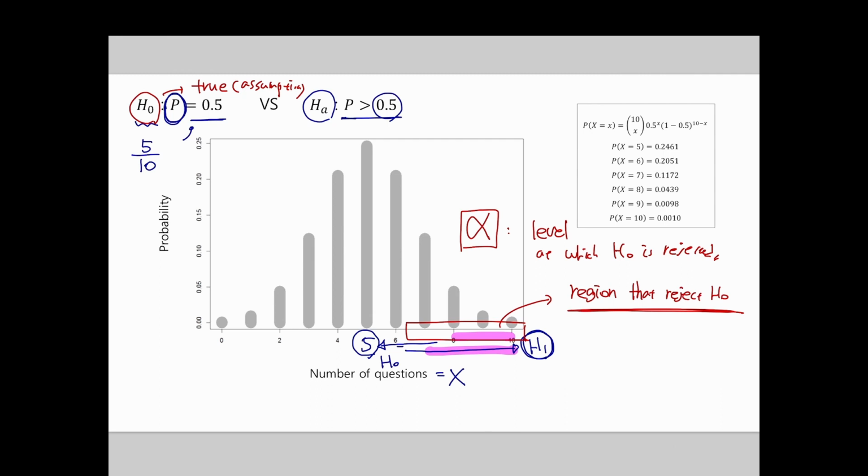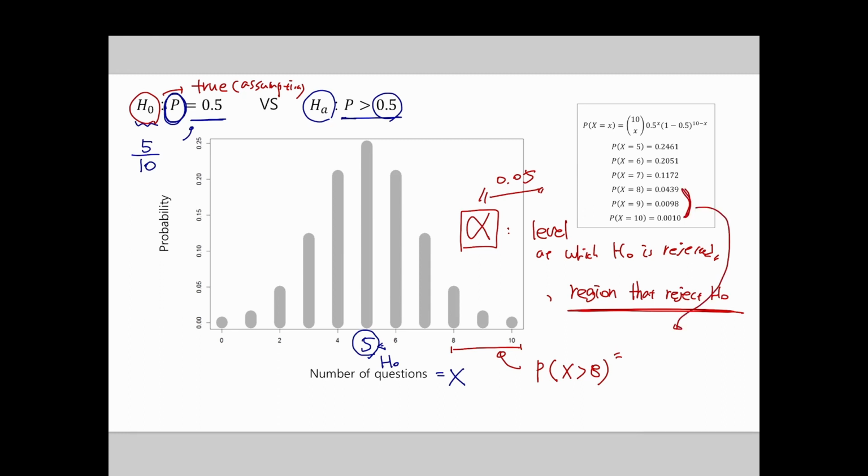If the significance level alpha equals 0.05, then this region means the probability of x greater than 8, which we can calculate from this table.